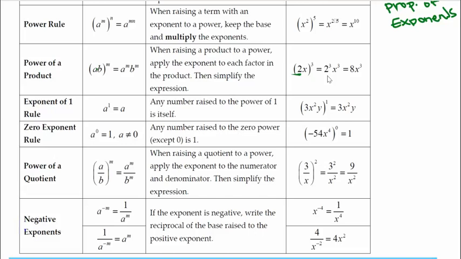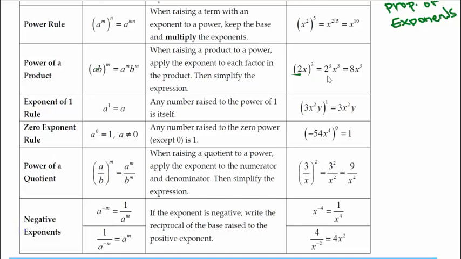Okay. Another property that we need to understand too, and sometimes people are like, yeah, it just seems kind of obvious, but when an exponent is raised to the 1st power, it really is just itself back. So kind of keep that in mind.